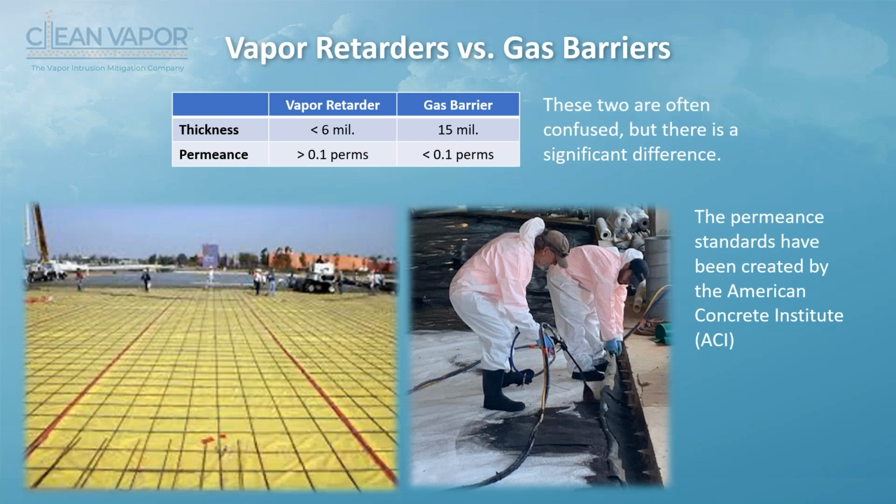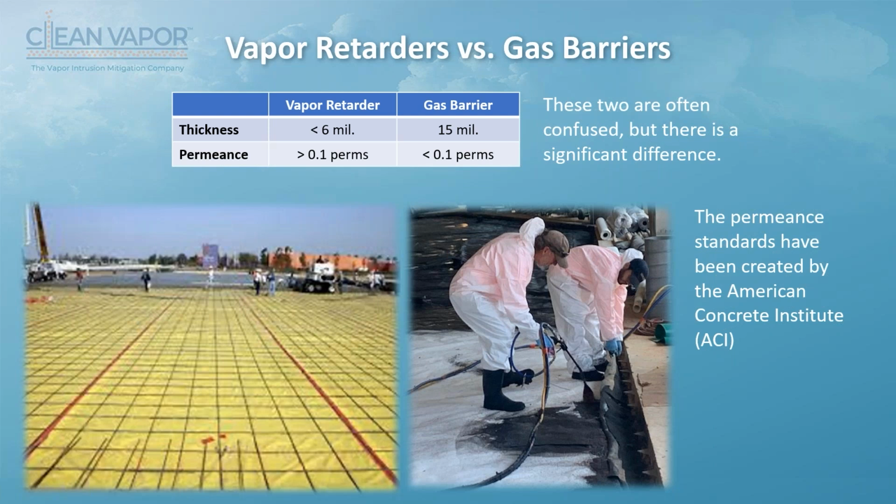Next step, talk about vapor barriers. Now, there's a difference between vapor retarders and gas barriers. Typically, your vapor retarders came from the evolution of building when they realized that they needed some way of separating moisture in concrete. Polyethylene is not a gas barrier. It is a retarder.